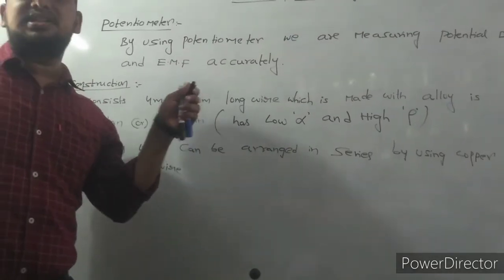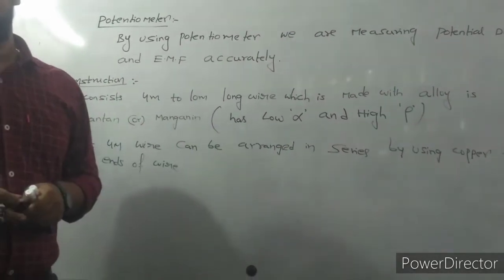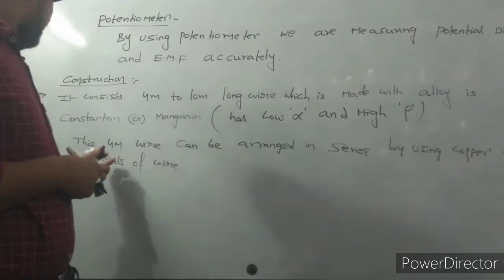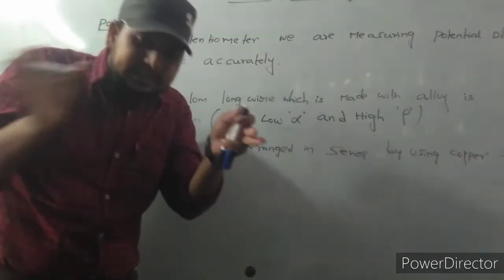By using copper strips. Copper is a conductor. By using these copper strips at the ends of the wire, we arrange the wires in series.